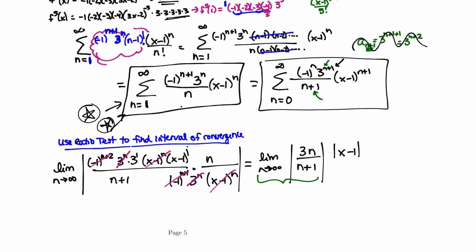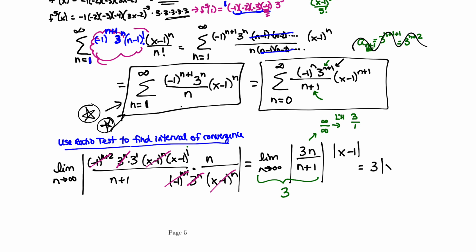The limit as n goes to infinity of 3n over n plus 1 goes to infinity over infinity. So we could use L'Hopital's rule if we wanted to, or we could just look at the highest power on top and the highest power on bottom. And so you guys will see that that goes to 3.